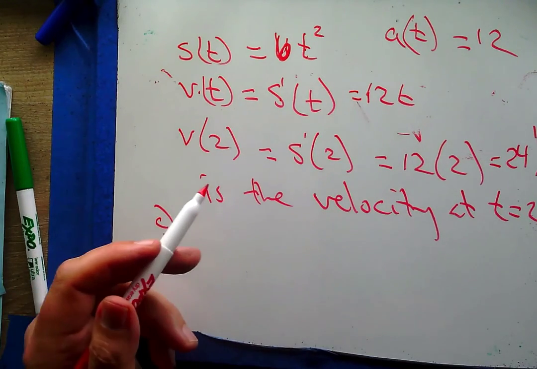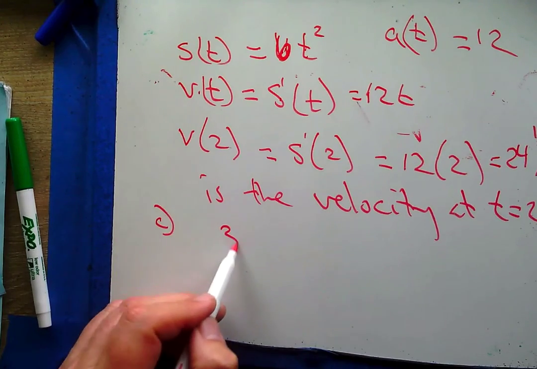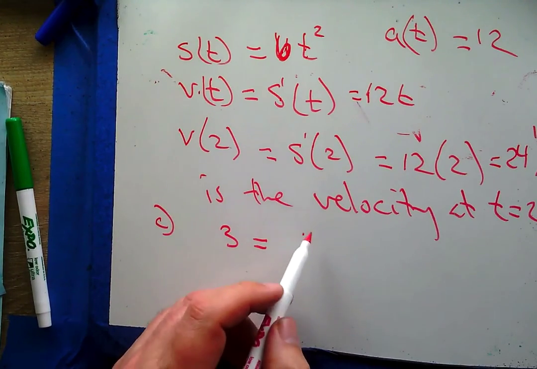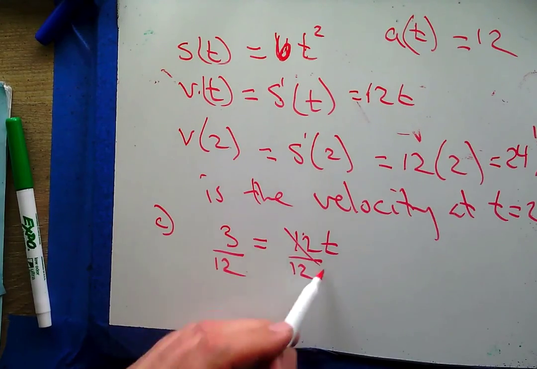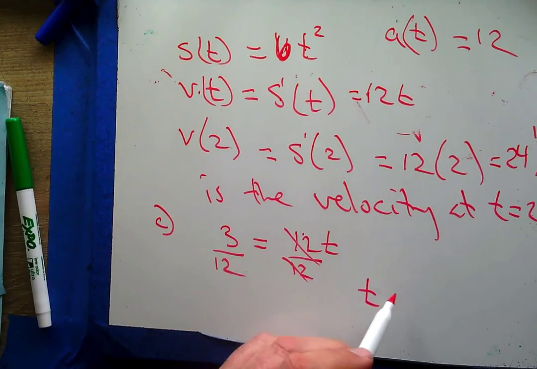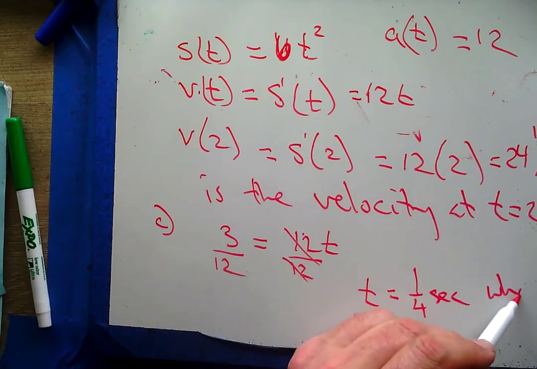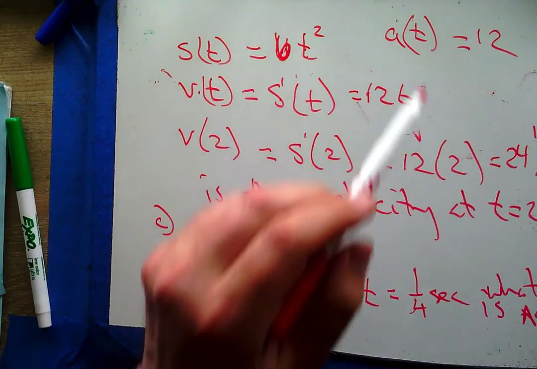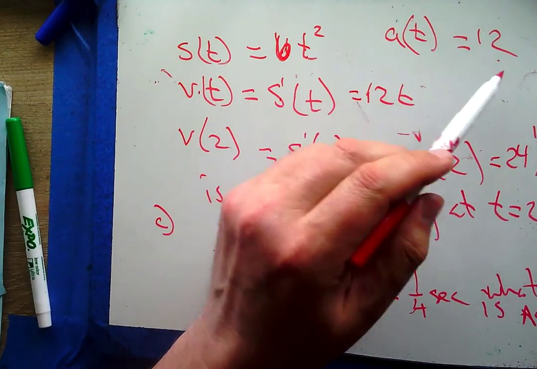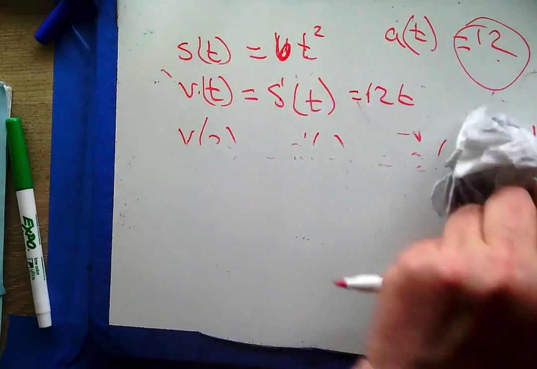So I don't actually need to do anything with velocity, but the intent was 3 equals the velocity equation, and so we want to know when t equals 1/4 second, what is acceleration? Except that I don't have a place to plug the time. I just have a constant there. All right, so there we go.